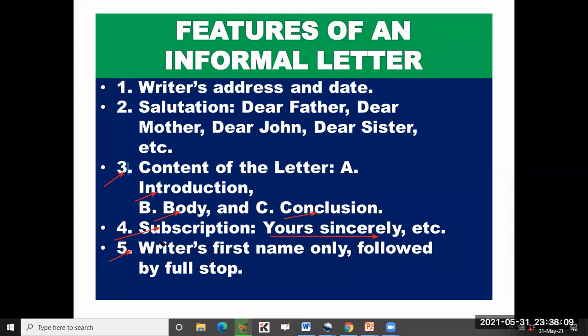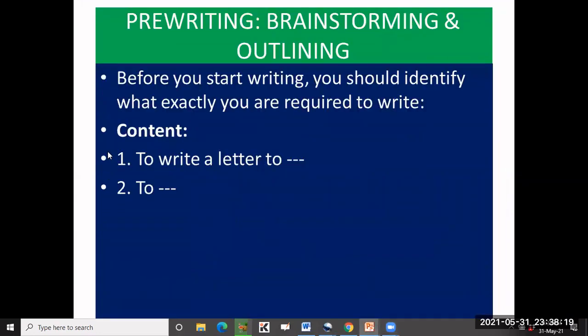Now, having seen the features, let's go and look at one other thing, the steps to take, and then we begin to take the steps. Now, you need to look at what the pre-writing stage of your writing is all about, and that is brainstorming and outlining.